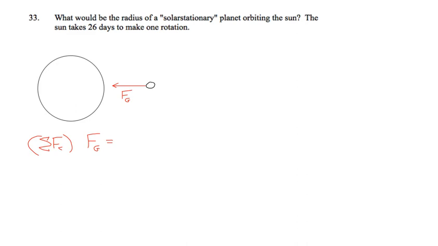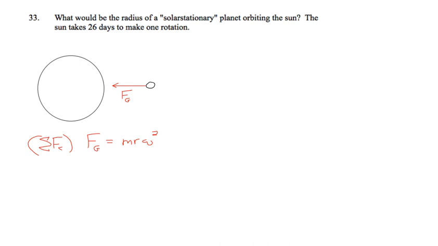We have to use m r omega squared. The reason is that if we use mv squared over r, we don't have all of our r's exposed, and we're trying to isolate r. Even though there would be an r in the equation, we wouldn't have them all in the open so that we could isolate them. So there's my equation.